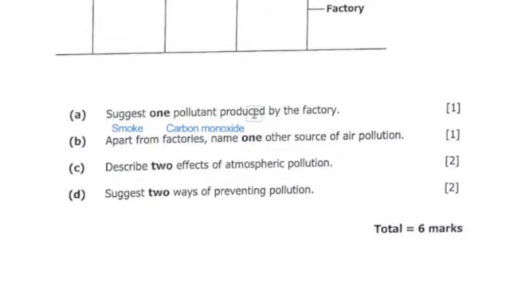Apart from factories, name one other source of air pollution. So the other source of air pollution is vehicle.